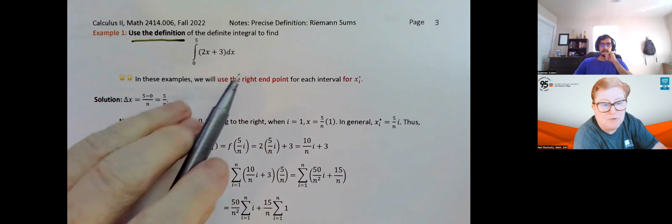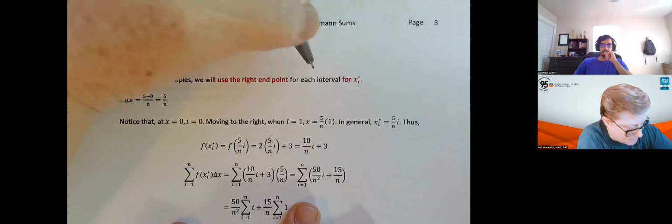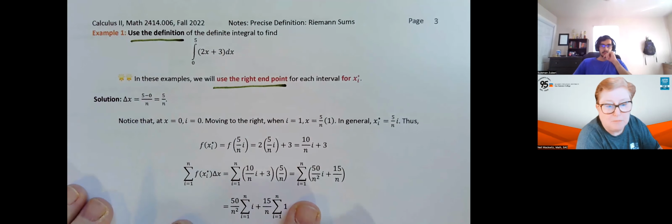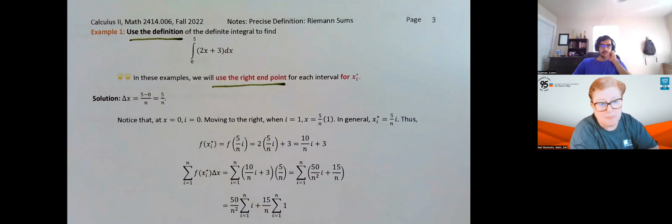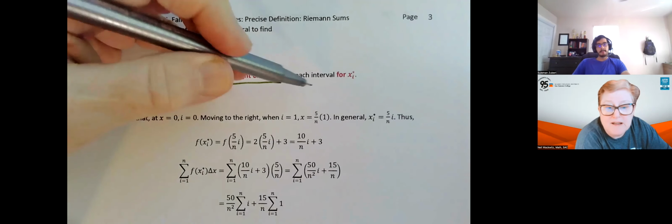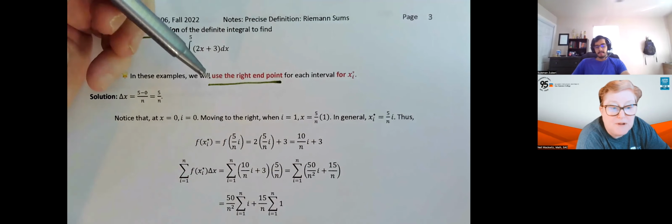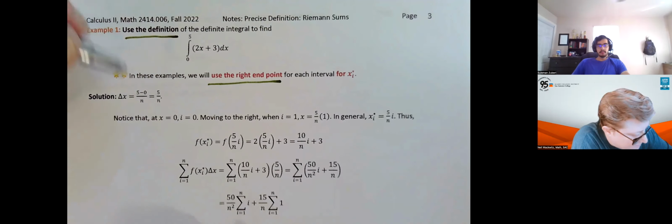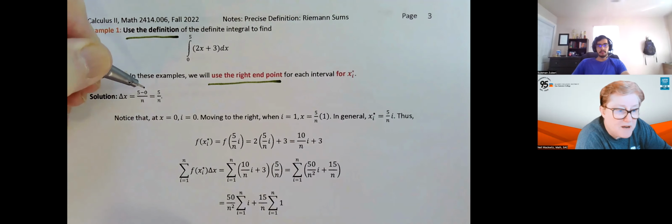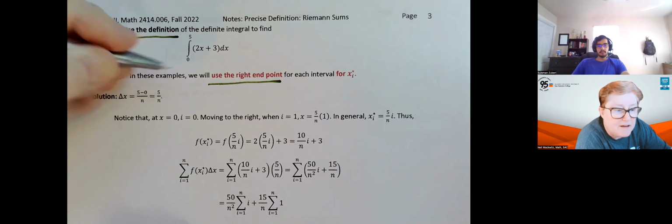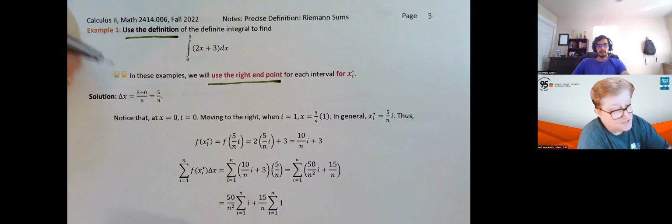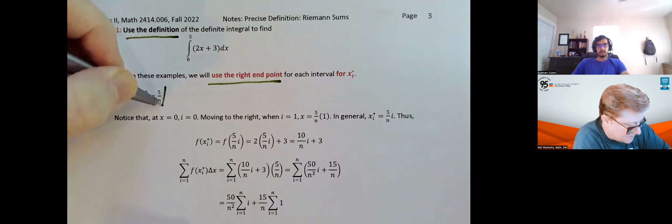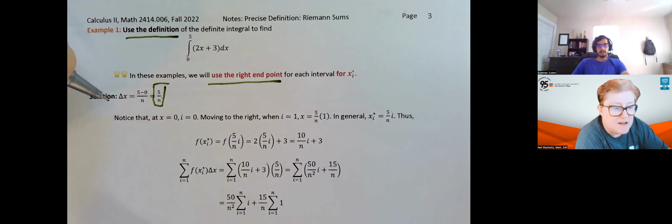In every single example that we do, and everything that y'all do, we are going to use the right endpoint because it's easier, and I don't think it adds a lot to your learning to move the endpoints around.